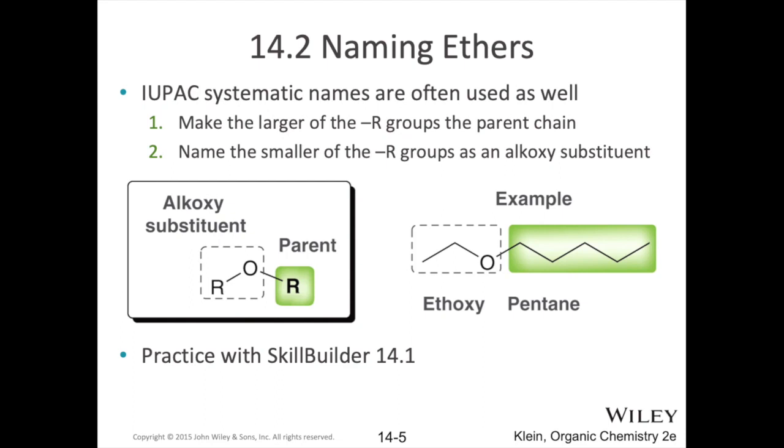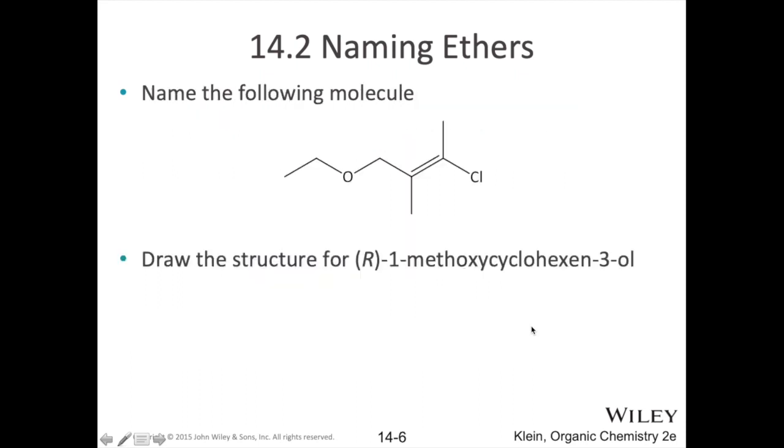So you're going to use the prefix for that substituent by going off the number of carbons, and then just add the suffix oxy to that. So here our parent chain has 5 carbons, so that root word is pentane. And for our substituent, we have 2 carbons coming off of our oxygen, so that's an ethoxy pentane. So with that in mind, let's try naming this molecule.